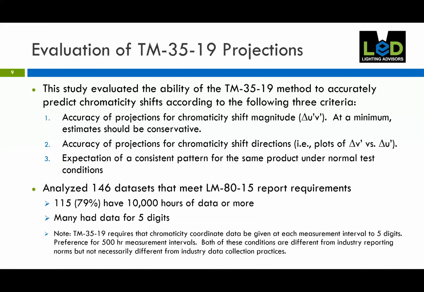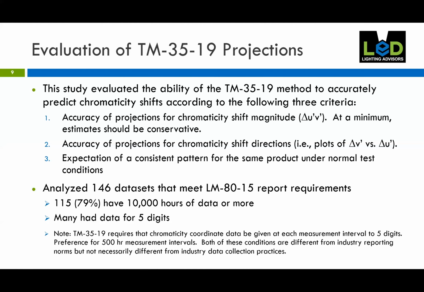However, the time at which these different phases occur depends on the stress level. Keep in mind that these criteria are not mutually encompassing. For example, the model could accurately predict future values of chromaticity shift magnitude, but could do a poor job predicting the direction of the chromaticity shift, or vice versa.